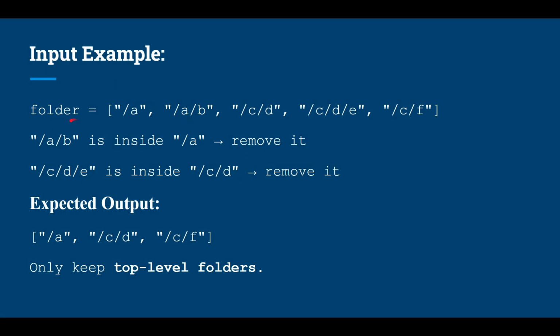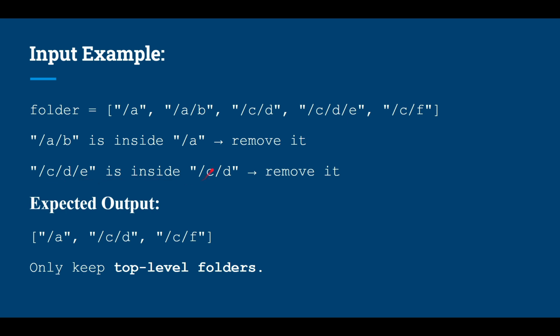We have folders, let's suppose /a, /ab, /c/d, /c/d/e, like this we have been given these things, right? /ab is inside A, right? It means we have to remove this, because AB is a subfolder which is inside A. It means we should remove it as per the question. If we talk about CDE, it is inside where?